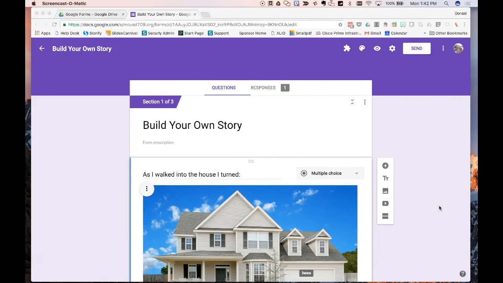This next use for Google Forms is really more of a creative use of Google Forms. This is one that you as a teacher could do. You could have students, what I call build their own story, that choose your own adventure idea, whether it be the old game Oregon Trail.